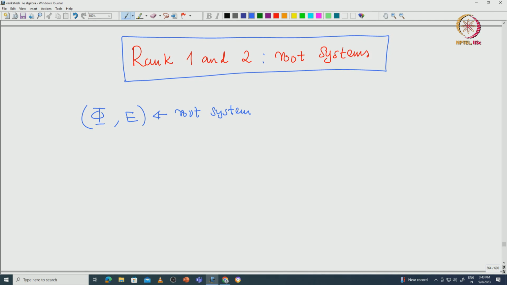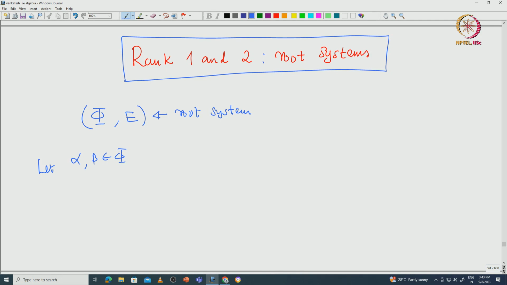First, we try to understand some geometric constraints that we get from the crystallographic condition. Let us take some α, β inside Φ.